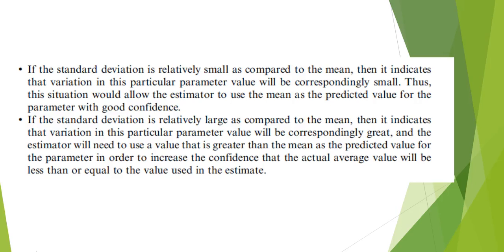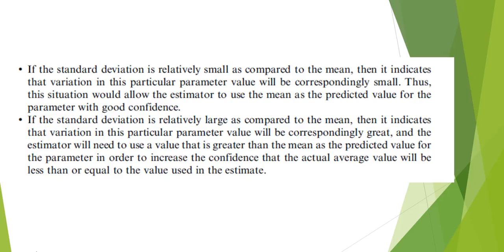There really isn't a rule to say which is right or not, but there are a couple of measures that you can use in your head so that you can stay in the terms of doing things that are reasonable. For example, if the standard deviation is relatively small as compared to the mean, then it indicates the variation will be correspondingly small.